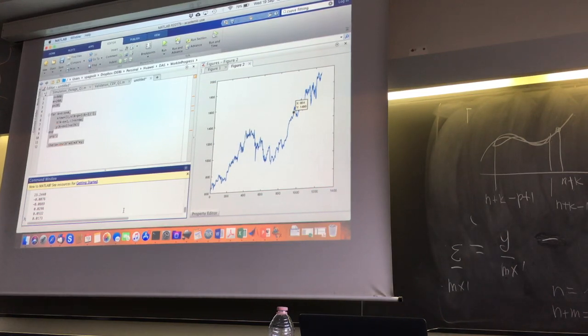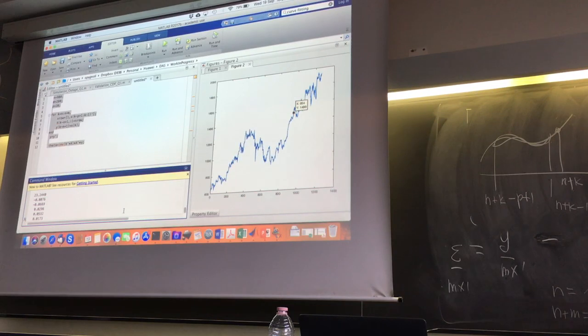Now, this matrix, which is identity minus all these matrices, has a very special property. It's called the projection matrix: x multiplied by x transpose x to the minus 1 times x transpose. That will be discussed next time.